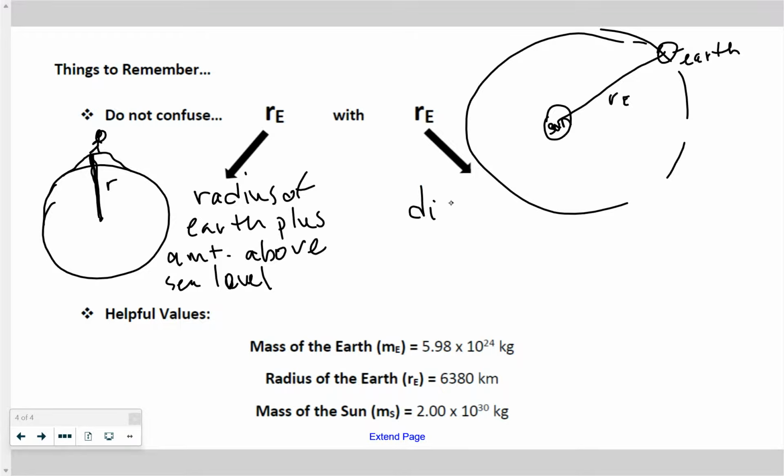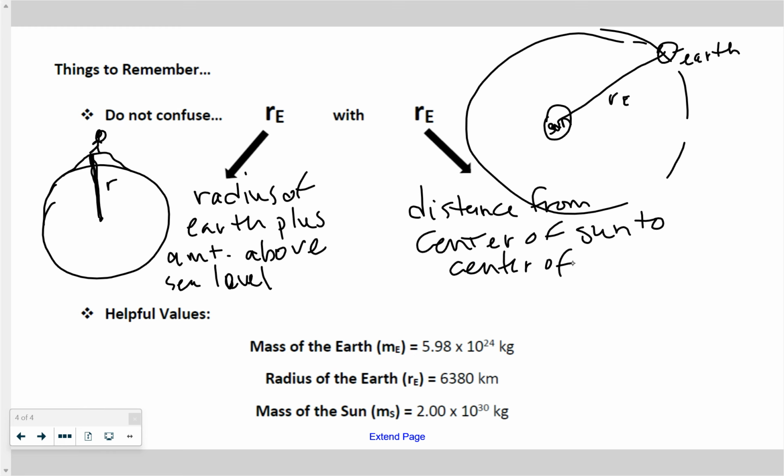This is the distance from the center of the sun to the center of the Earth, which is different than the distance from the center of the Earth to the center of our body. This obviously is much different.